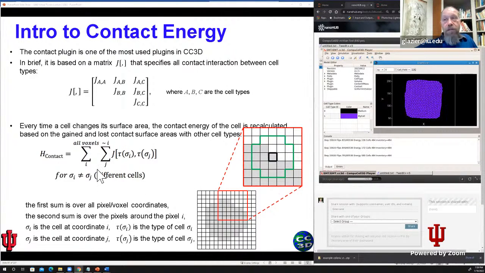And if I want to write it mathematically, it's a sum over all voxels in the simulation of a sum over all the neighboring voxels of the energy per unit contact times the type, for the types of each cell, provided that the voxels belong to different cells.